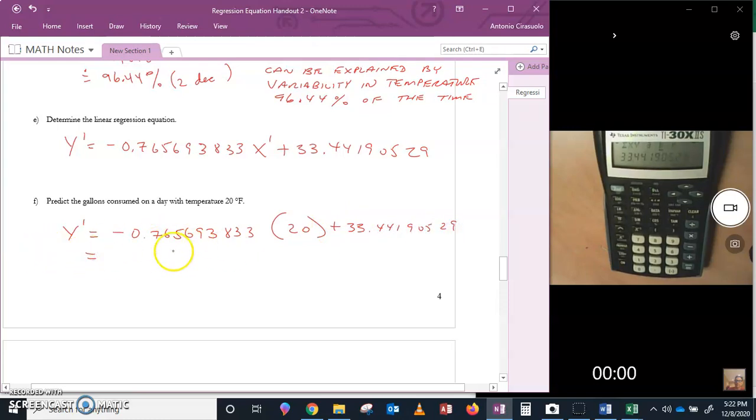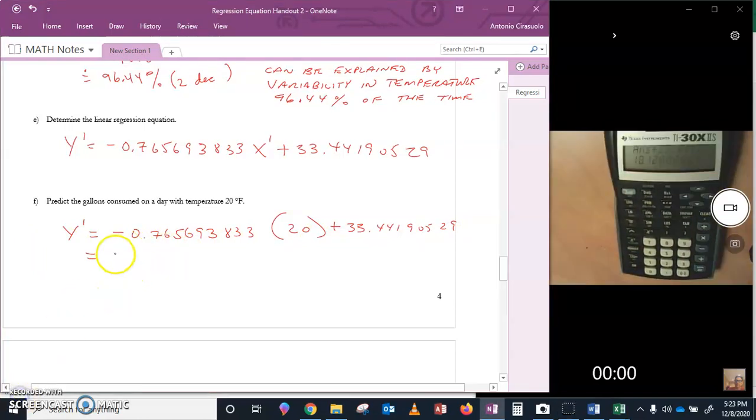And once again, you notice I did not round at all. And so this gives us a value of 18.12802864. And now I might ask to round to 1 decimal place, so approximately that many gallons.